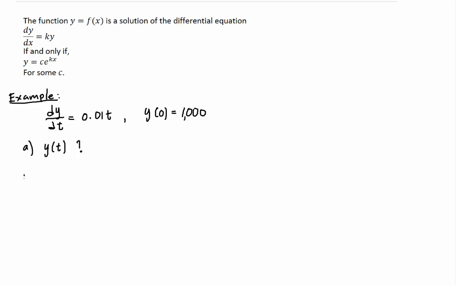And now the other thing they can ask you is y at certain values. For example, they can tell you that the model is for an amount or a population given in months, and then they can ask you, well, what is the population after 10 months? All these kinds of questions would be translated into this.